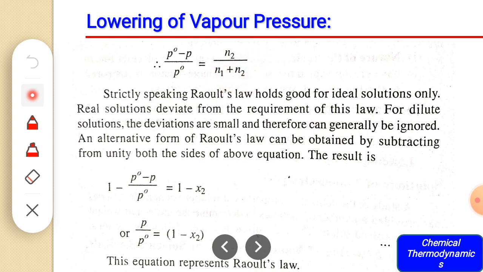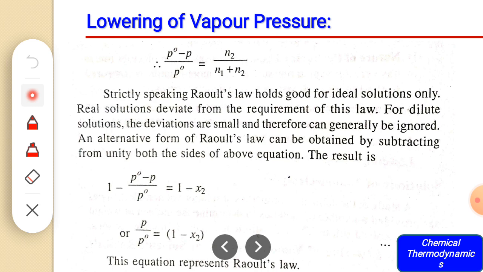Strictly speaking, Raoult's law holds good for ideal solutions, and real solutions show deviation from the requirement of this law. For dilute solutions, this deviation is very small and it can be ignored.